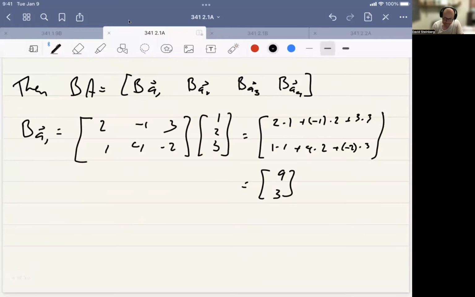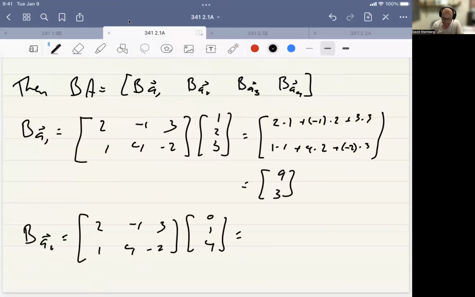Okay, so let's compute BA2. B is 2, -1, 3, 1, 4, -2. And now we're hitting it with the vector 0, 1, 4. I'll save you the hassle of watching me do this over and over again. This is going to be 11, -4.